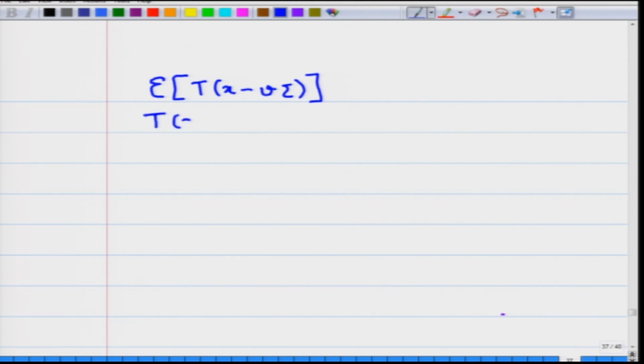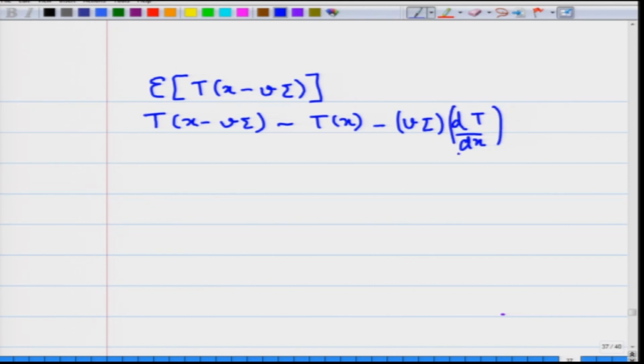Now, this temperature at x minus V times tau, I can easily Taylor expand it, because it is a very small interval around x. I can expand it to the temperature at point x minus V tau into dT by dx, and I neglect higher order terms.